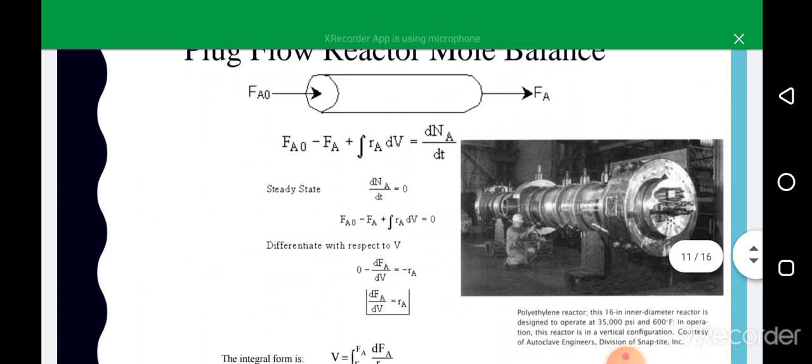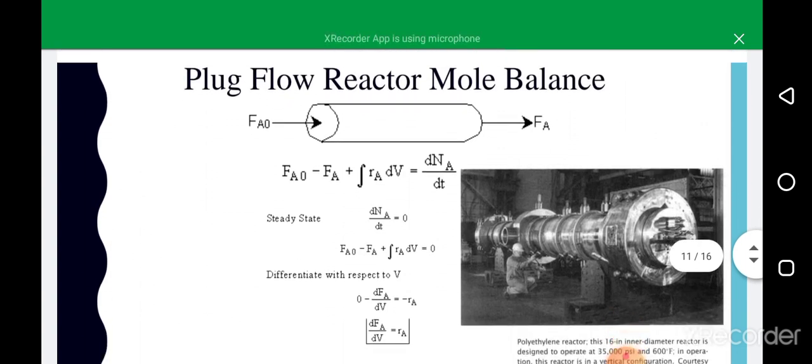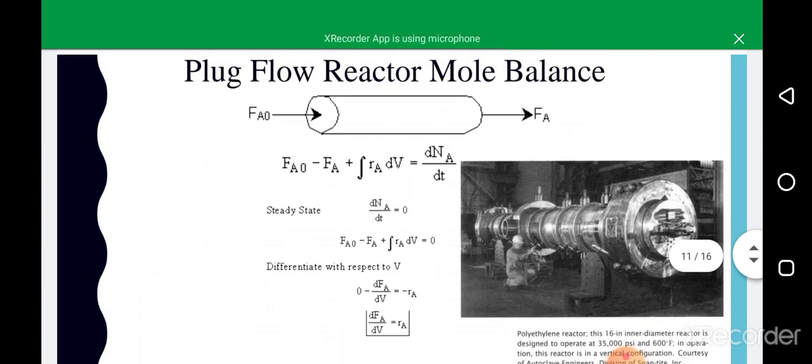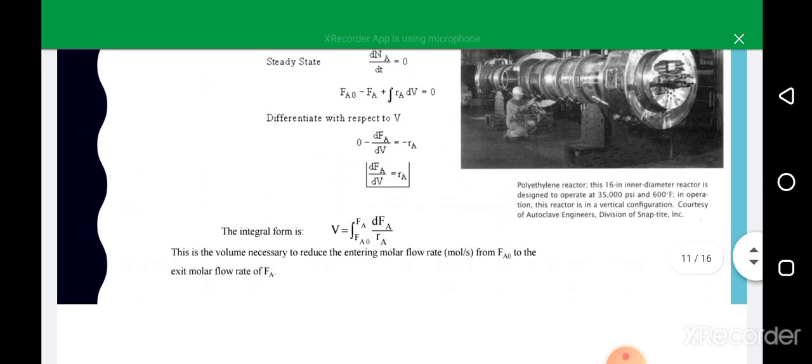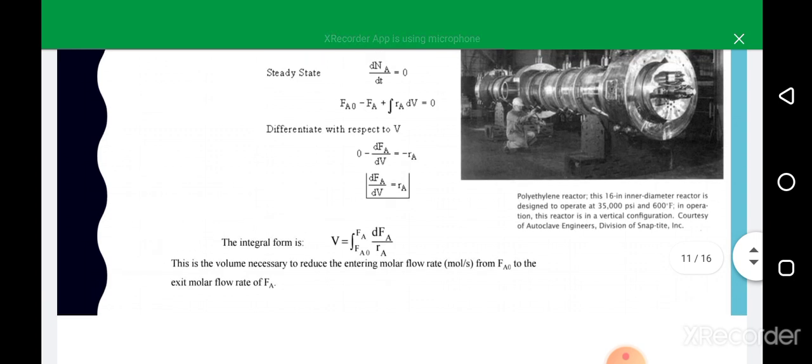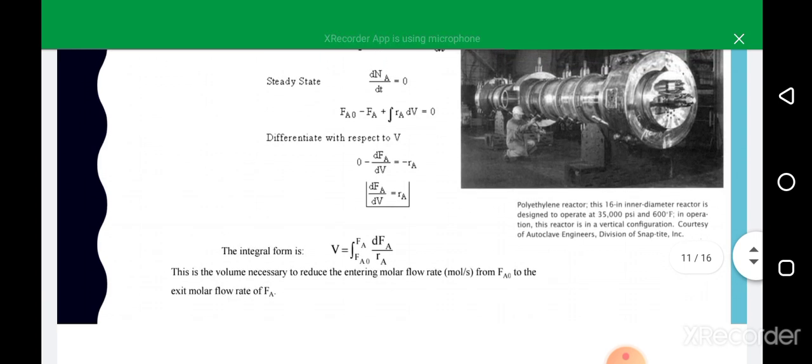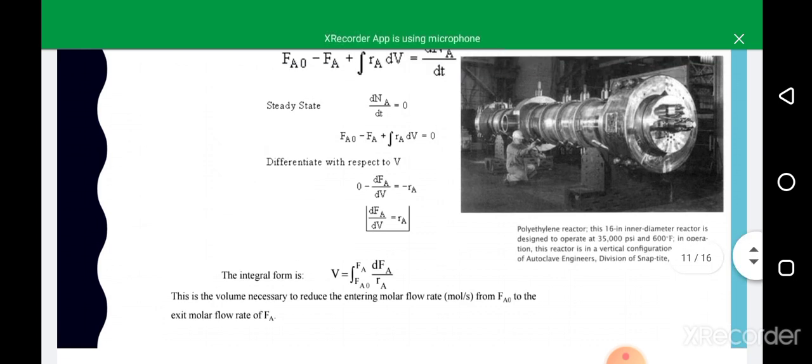Plug flow reactor mole balance. As we know, the plug flow reactor mole balance is FA0 minus FA plus the integral of rA dV is equal to dNA upon dt. Now this is the volume necessary to reduce the entering molar flow rate from FA0 to the exit molar flow rate of FA.